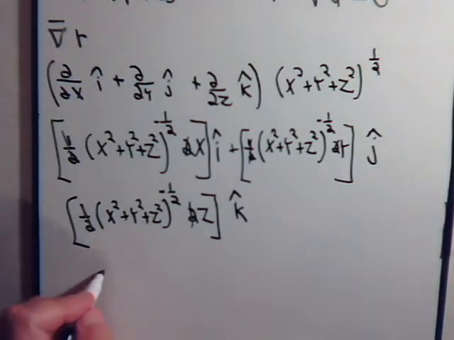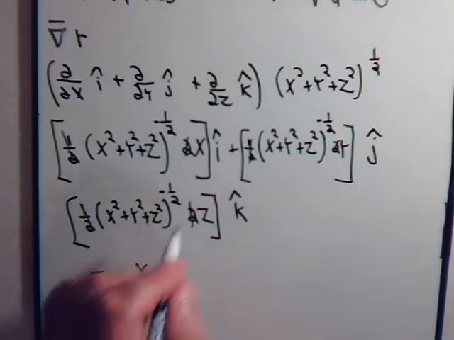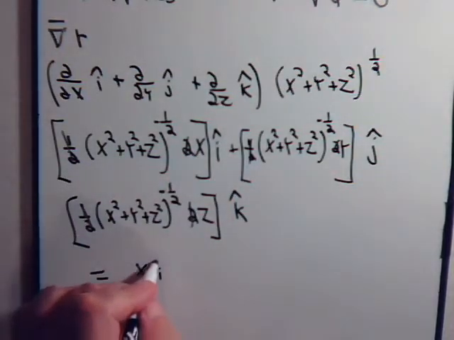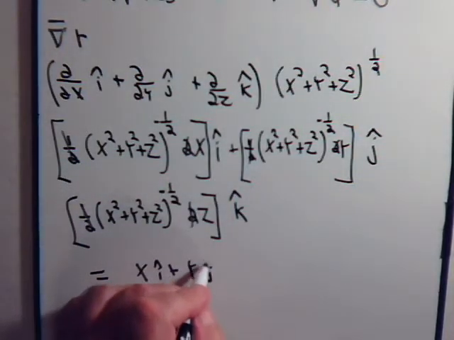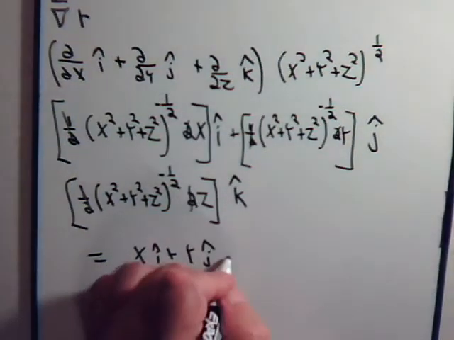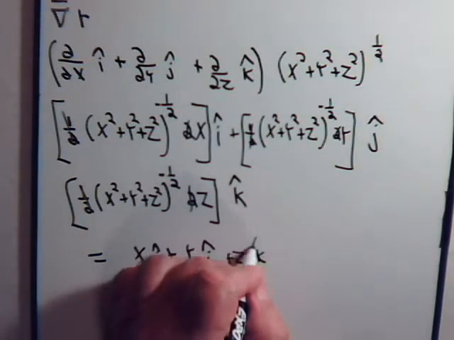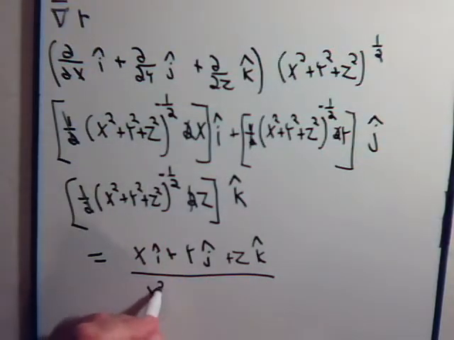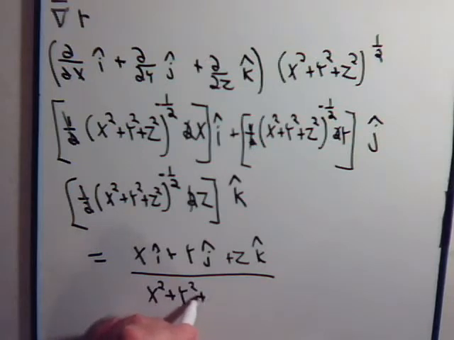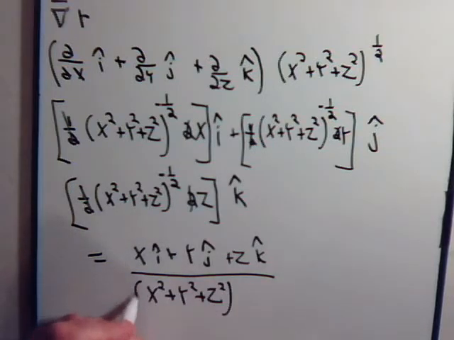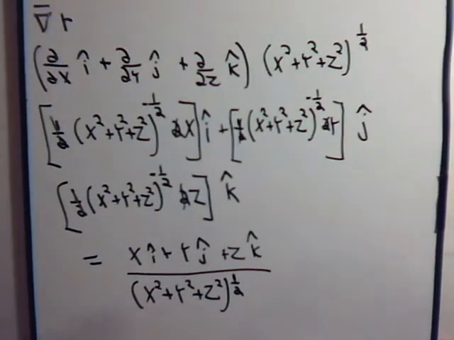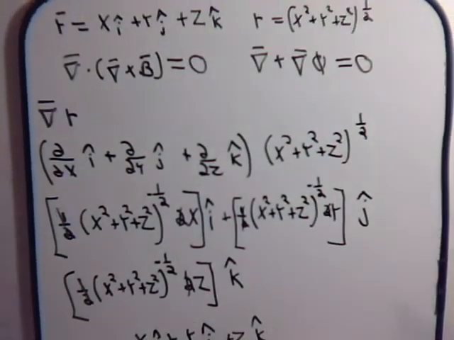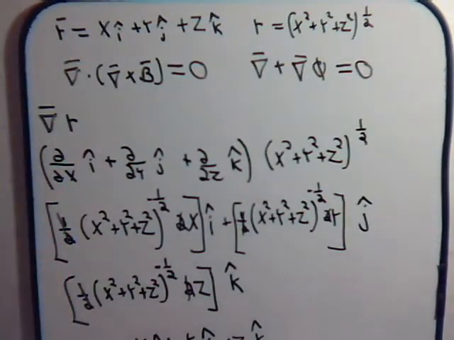So this is going to be equal to x times i plus y times j plus z times k divided by x squared plus y squared plus z squared to the 1/2. But this numerator is our position vector r, as we stated right at the beginning.